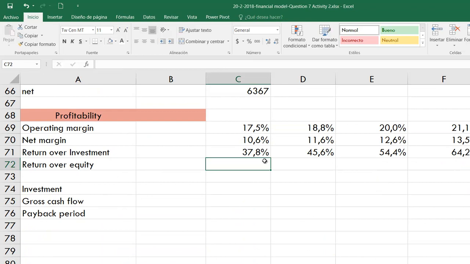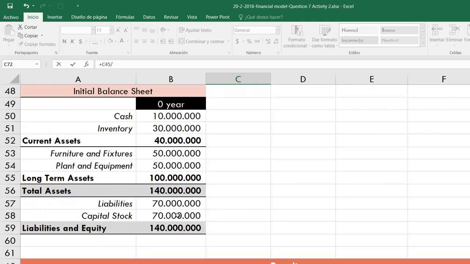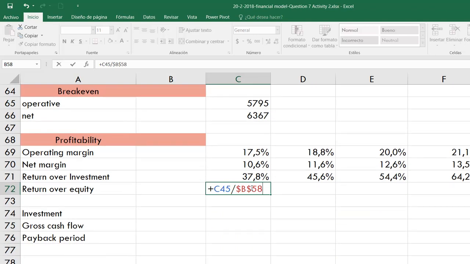And the same, it is the net profit divided by only the capital stock, and I fix it because it will stay the same for the whole time.